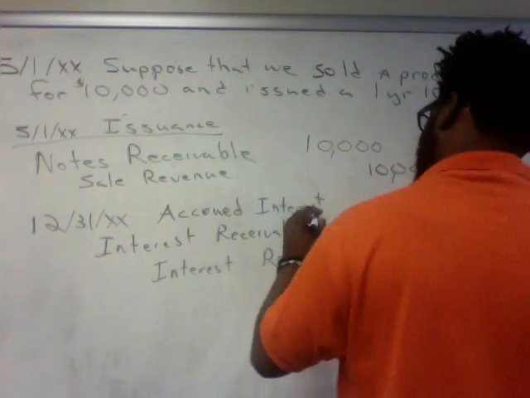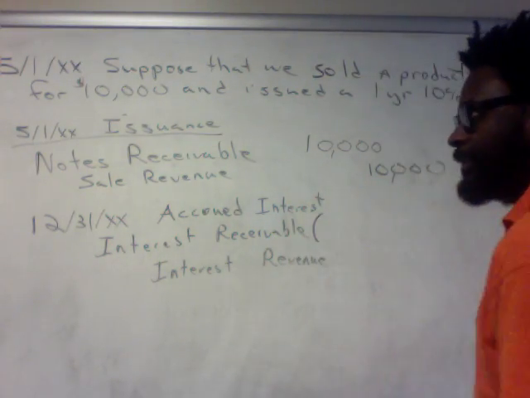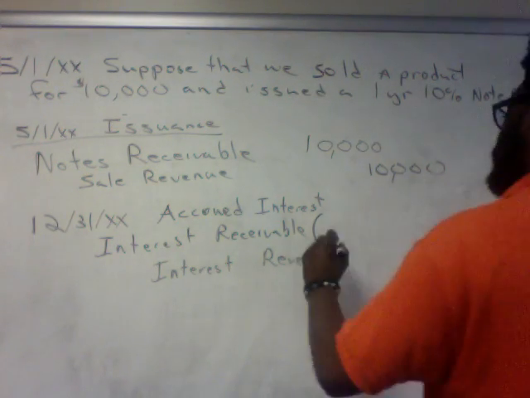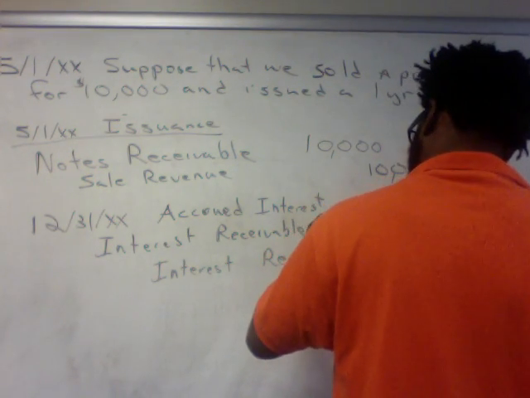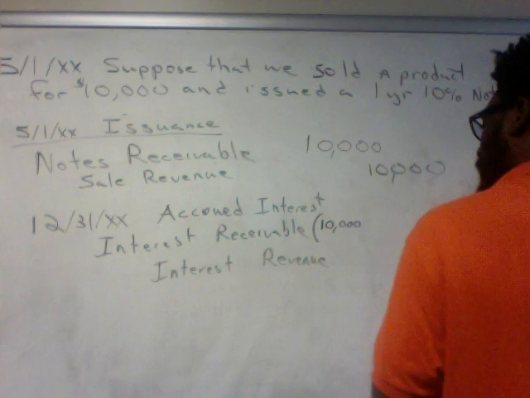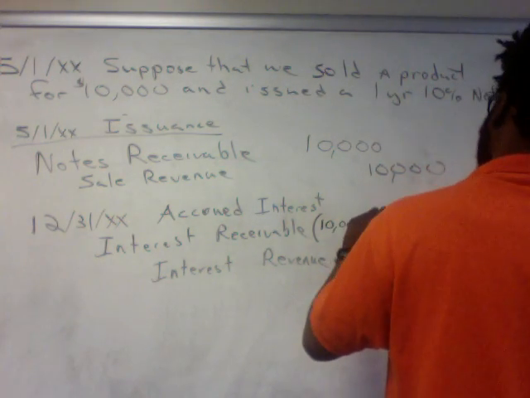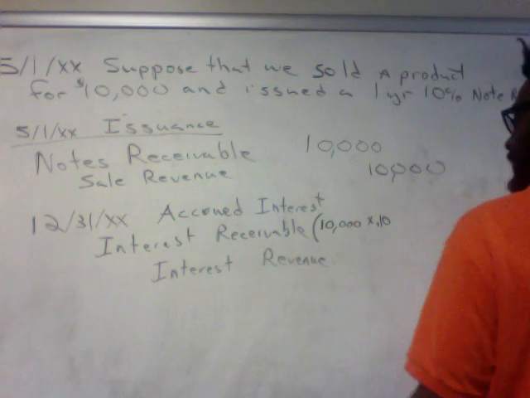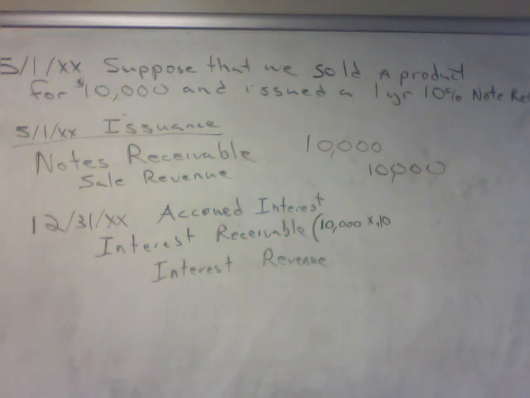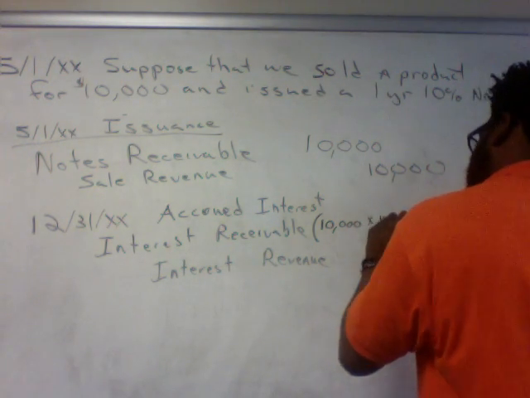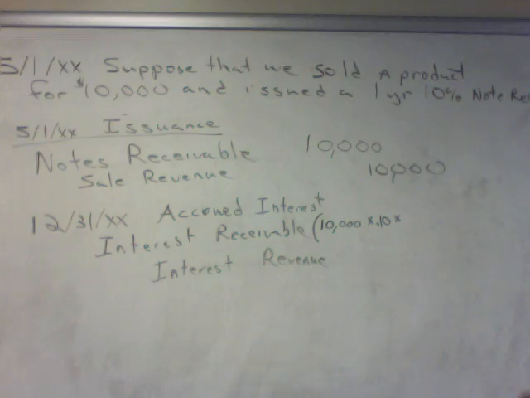And so how are we going to calculate that amount? Very easy. We're going to take the principal, which is $10,000. We're going to multiply it times the interest rate, which is 0.10, 10%. And then we're going to allocate that portion of the interest that we've earned.